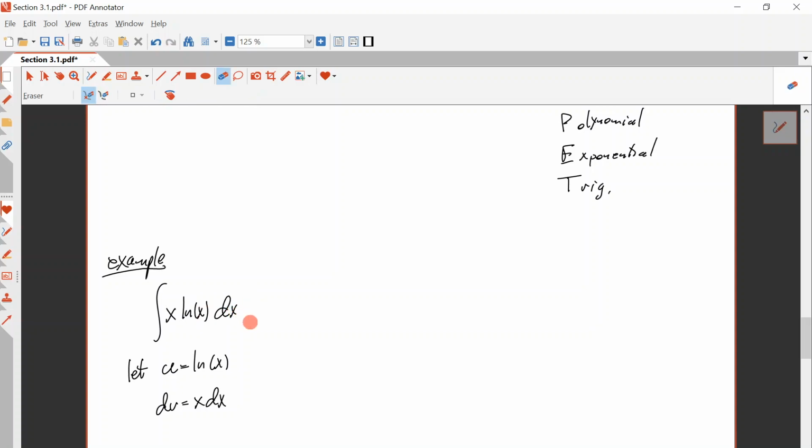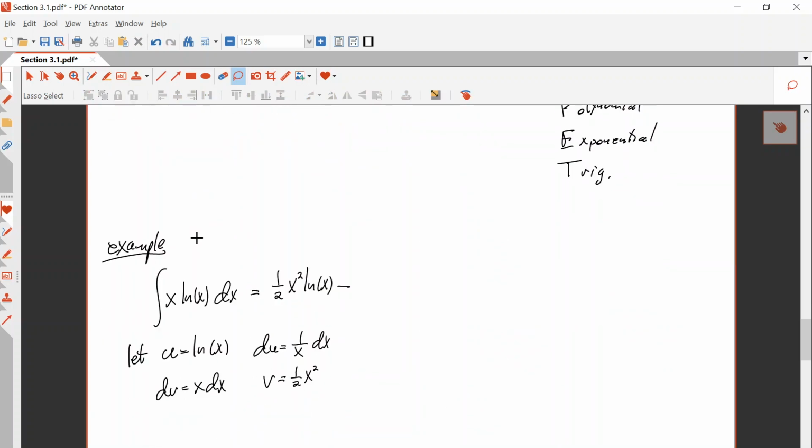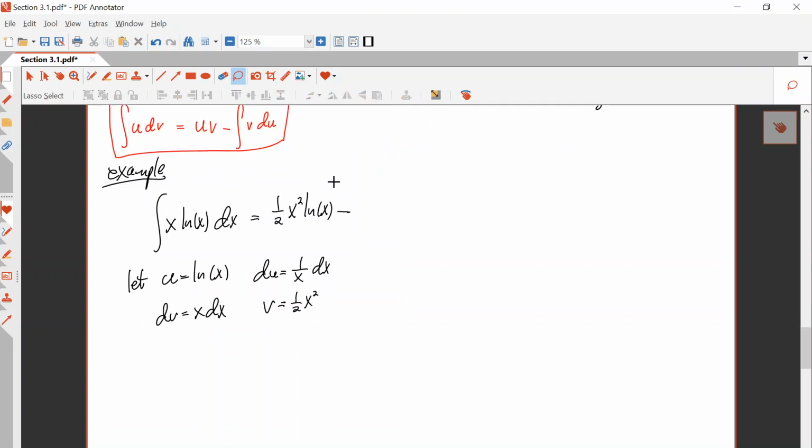Okay, so now that I've picked u and dv, the derivative of u, well, that's 1 over x. And v, the antiderivative of dv, is 1/2 x squared. So this is equal to u times v, 1/2 x squared natural log of x, minus, so where's that integration by parts formula? Well, let's get it over here just for reference. Okay.